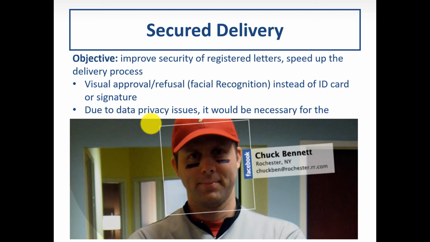A customer opens the door and facial recognition occurs. The person can be recognized by capturing his face or her face and linking that face to a database. The database could be Facebook, for example, and then it can confirm that indeed that is Chuck Bennett from Rochester, New York. And by the way, that's his email address, in case you want to know.